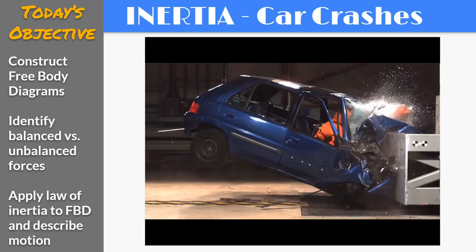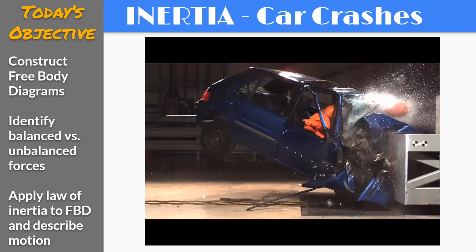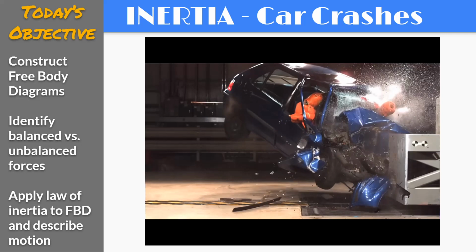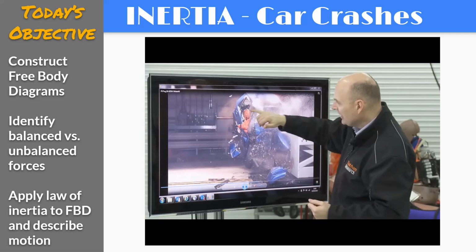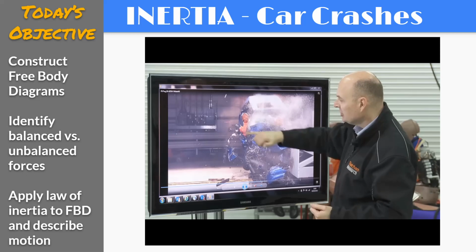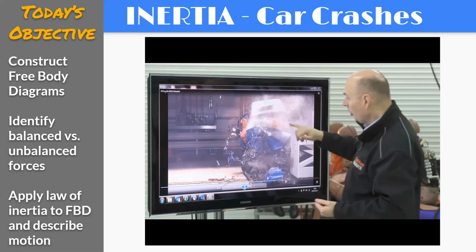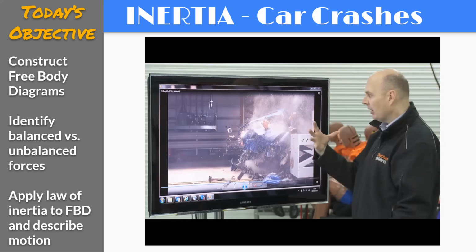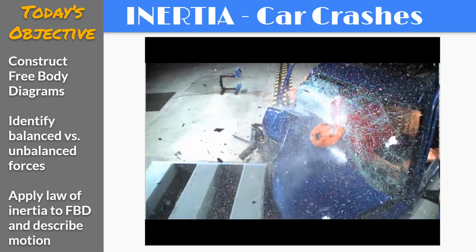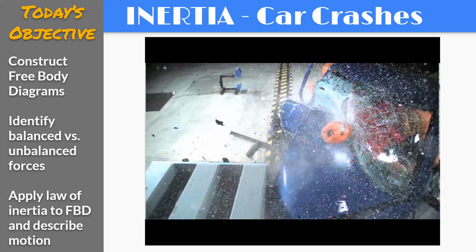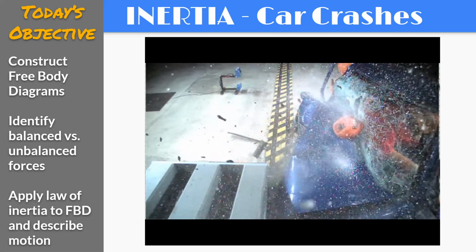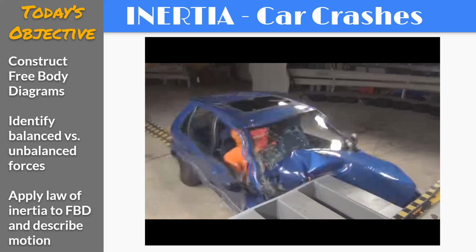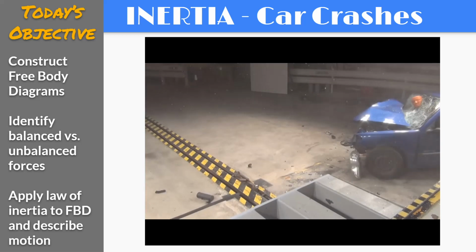So you can see the occupants, because they're unrestrained, the driver has hit the steering wheel and the whole steering column is crushed around him. You can see he's partially ejected and will be severely injured. The poor passenger, even though he was in the back of the car, protected by the front seat, because he's not restrained, he goes through the front seat and he's gone through the windshield, and you can see his head still sticking out there.